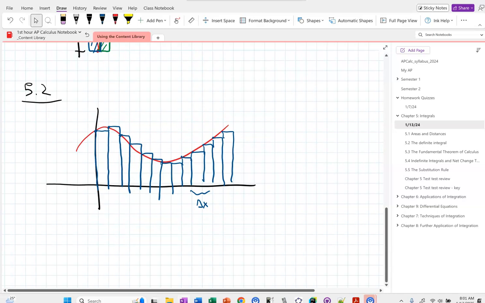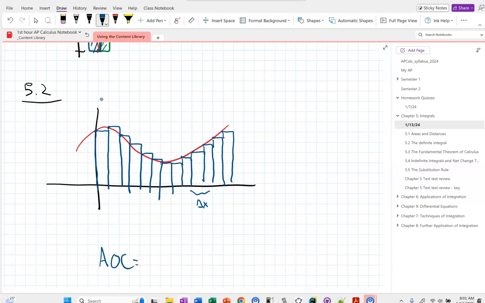So the idea here is that our area under the curve is going to be the limit as that width approaches 0 of the sum from i equals 1 to n of f of xi times delta x.